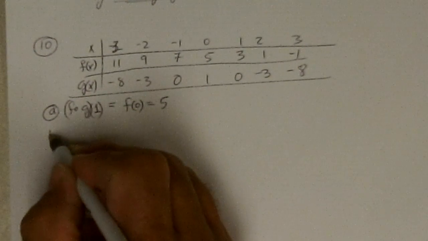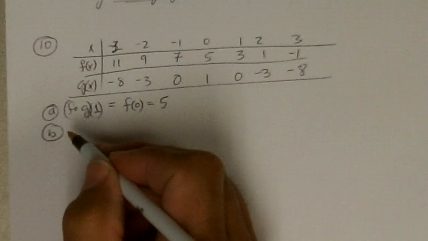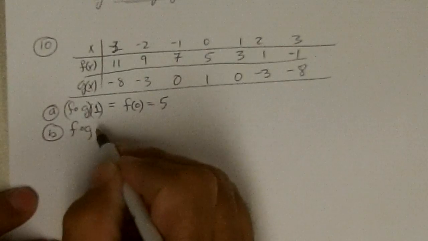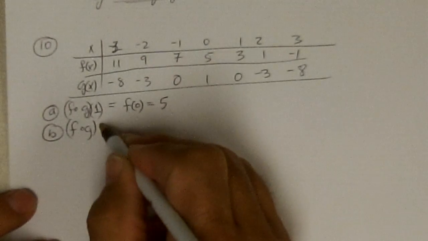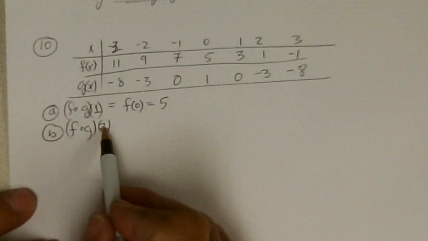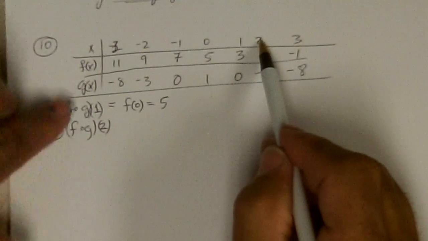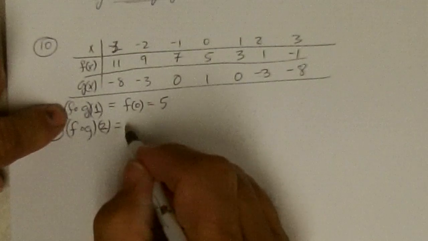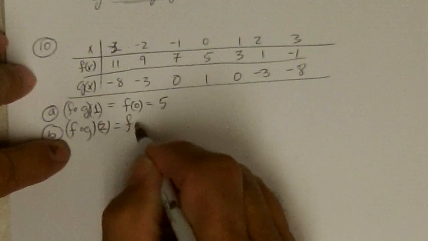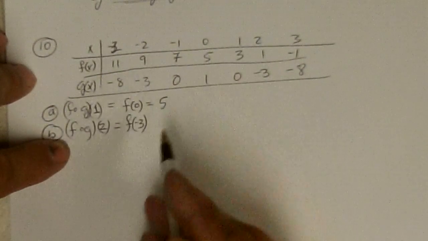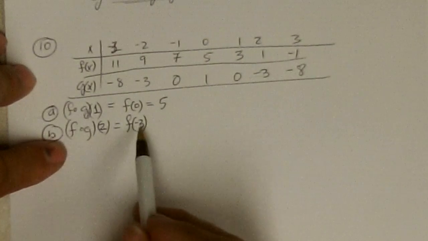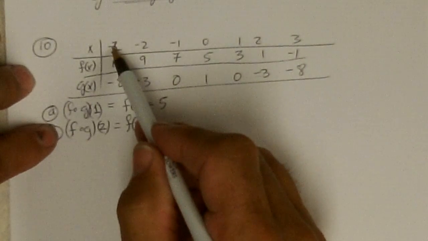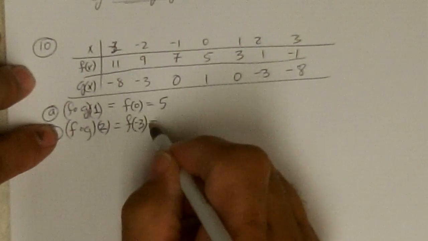Number B says find f of g of 2. F composite g of 2. So we've got to put 2 into G. 2 into G is negative 3. So we'll have f of negative 3. Now we've got to put negative 3 into f. And negative 3 into f is 11.